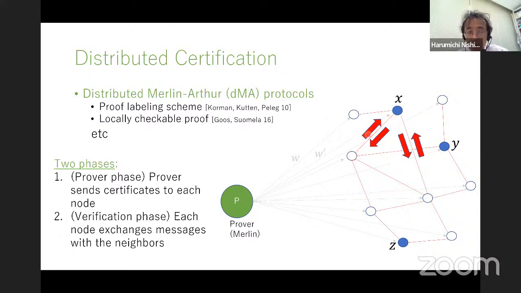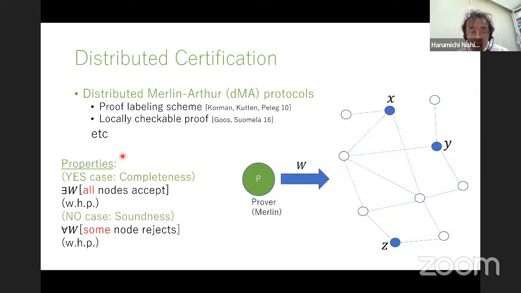We consider only one-round protocols, so each node can send a message only to its neighbors. This is the distributed Merlin-Arthur protocol.